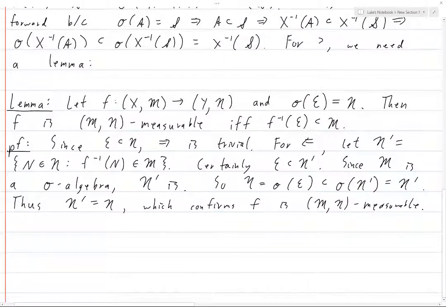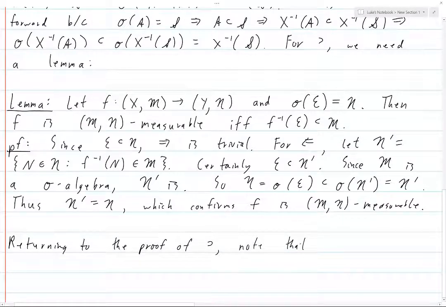Okay, and we sort of use this lemma in an interesting way in this proof. So, returning to the proof of this inclusion in the statement that we're trying to prove for this exercise, note that x inverse of A is contained in sigma of x inverse of A. And why is this true?